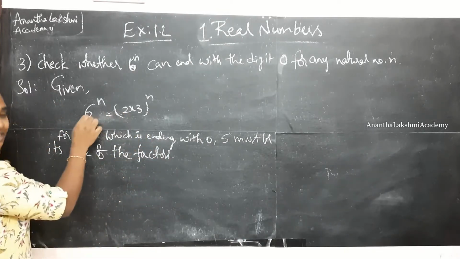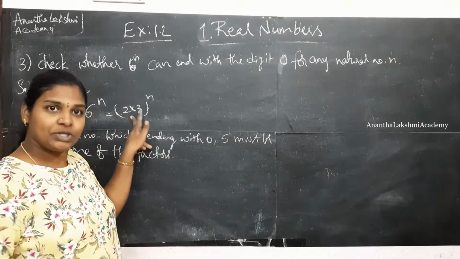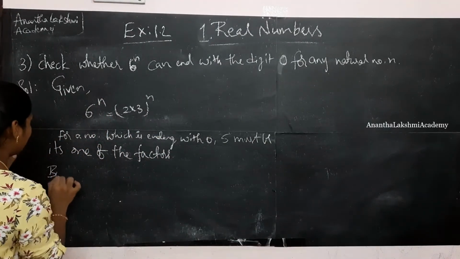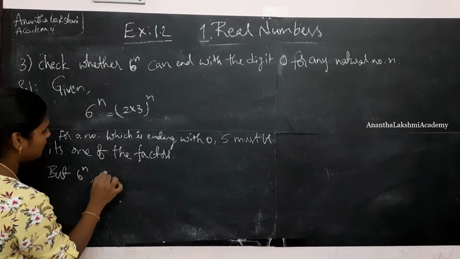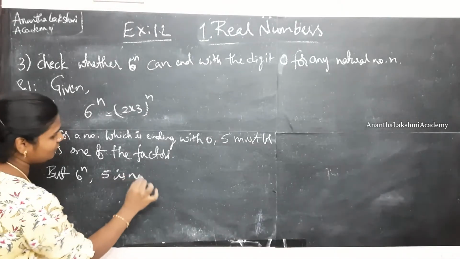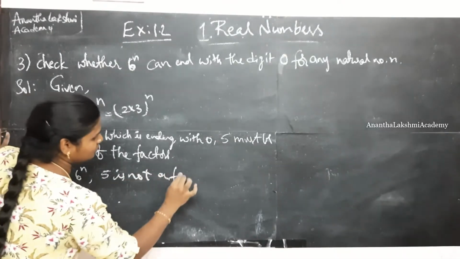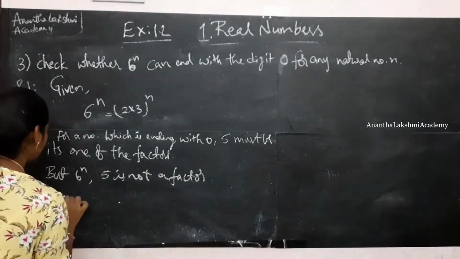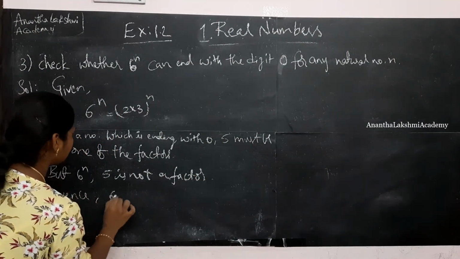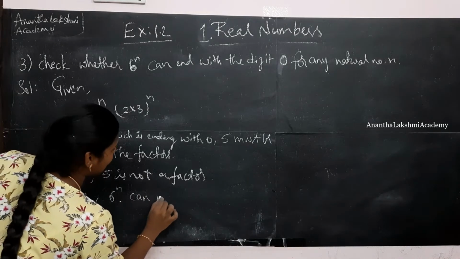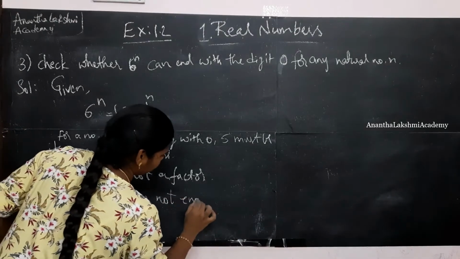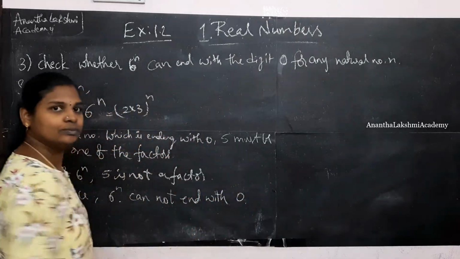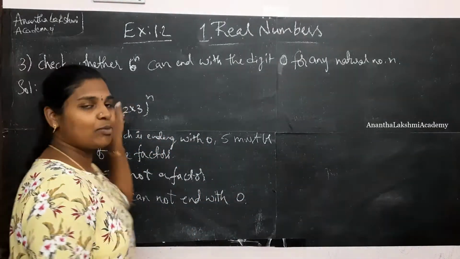But here for 6, we have only 2 and 3. We do not have 5. So for 6 power n, 5 is not a factor, isn't it? Hence, 6 power n cannot end with 0. Alright, this is about problem number 3.